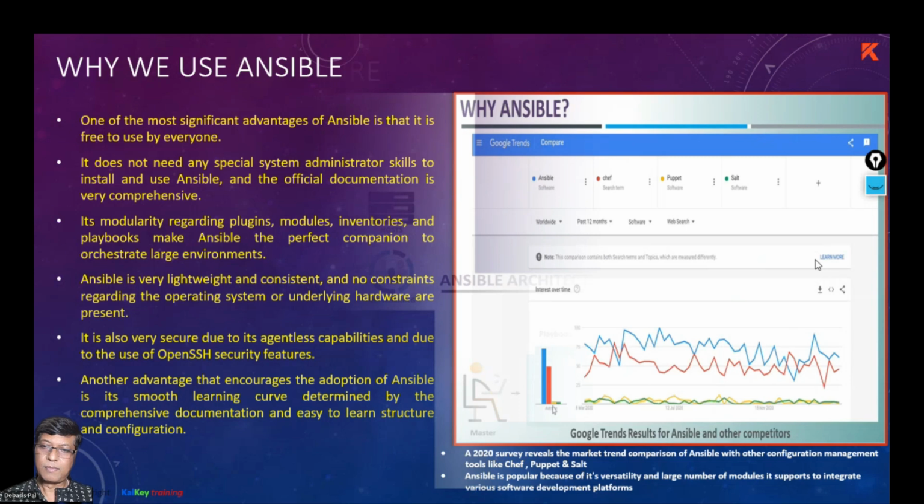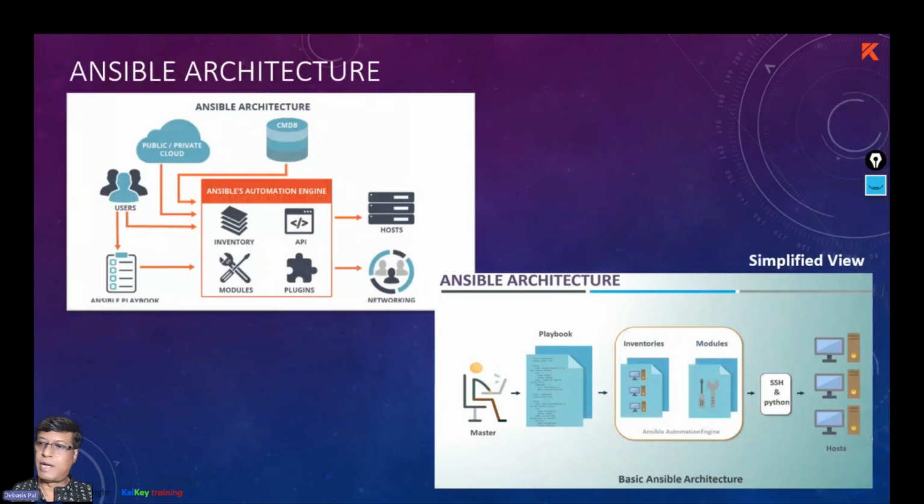The Ansible architecture is very simple. You have Ansible's automation engine. You have installed Ansible over the master server. And these are the hosts. Hosts can be in India, Australia, Japan, all over the world. Let's say your company's main data center and head office is in New Jersey.